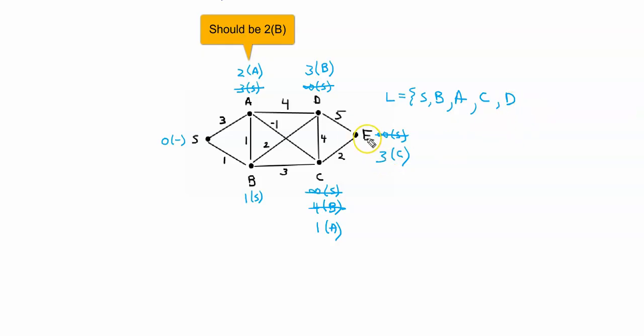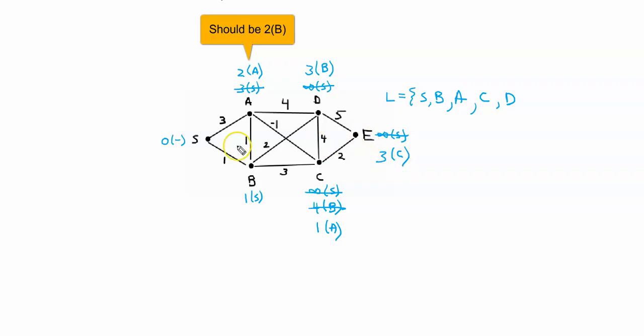Let's see, E is the only one that's not in the list, and it's adjacent to D. So let's see, if we went 3 plus 5, that would be 8, but that's bigger than 3c, so we don't want to do that. So we want to leave this as 3c, and that's it.